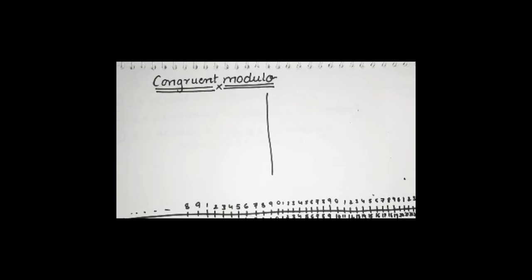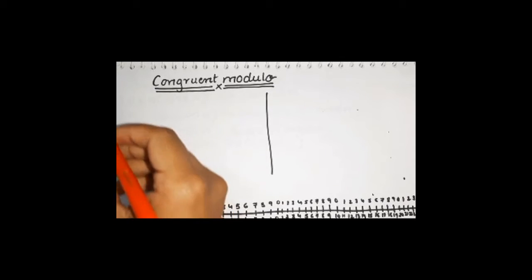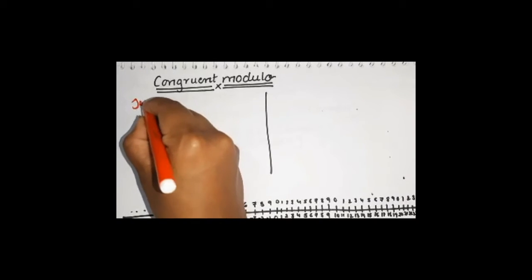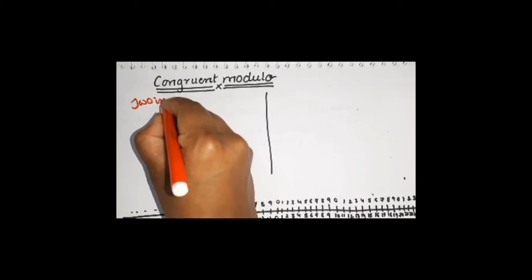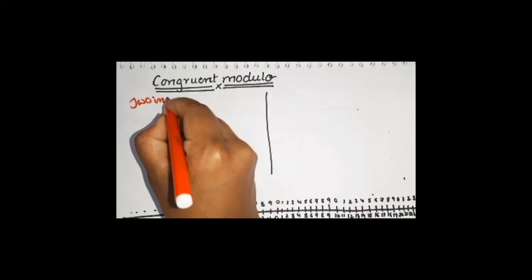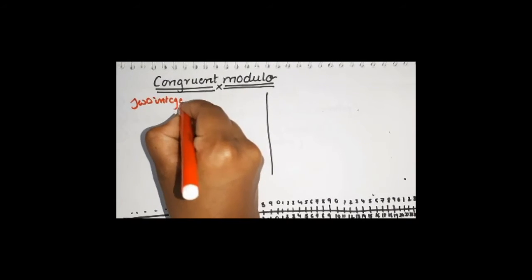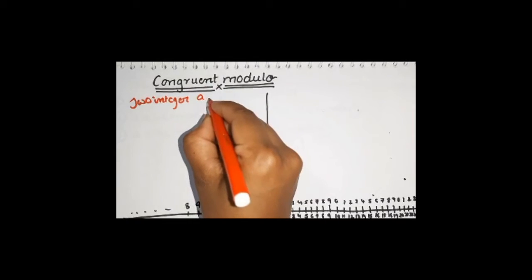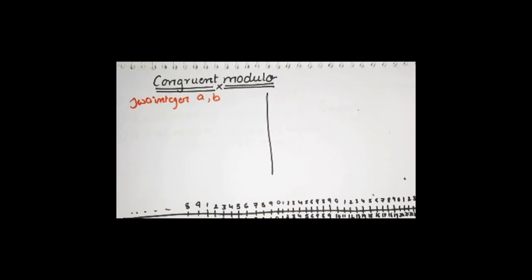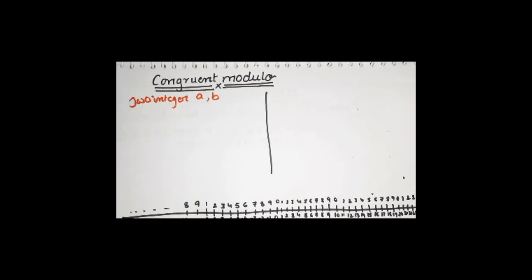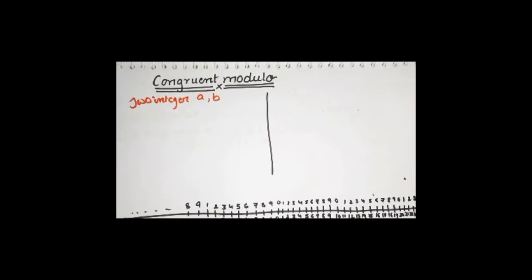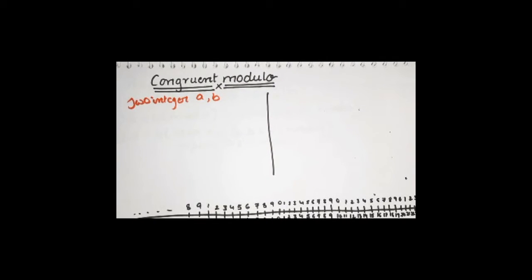Two integers a, b are said to be congruent when they are equivalent to each other.